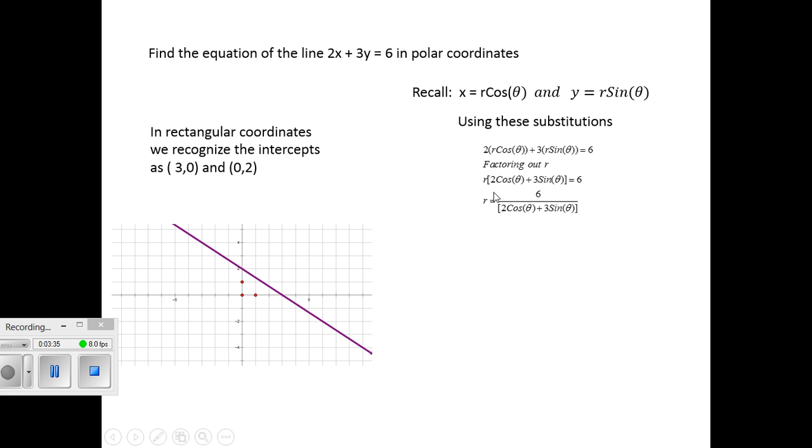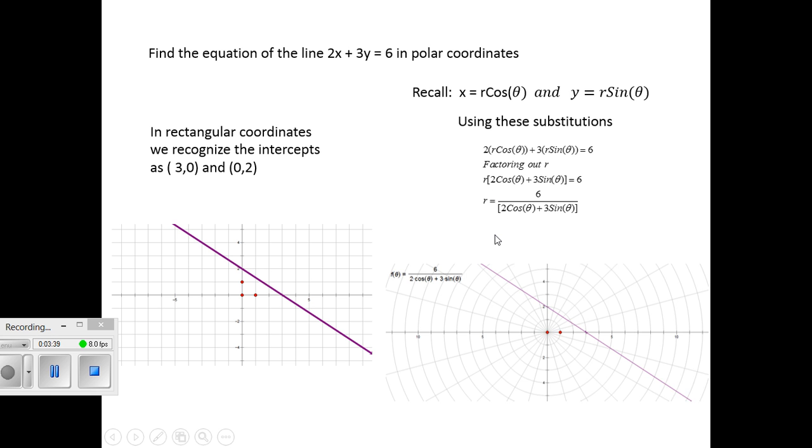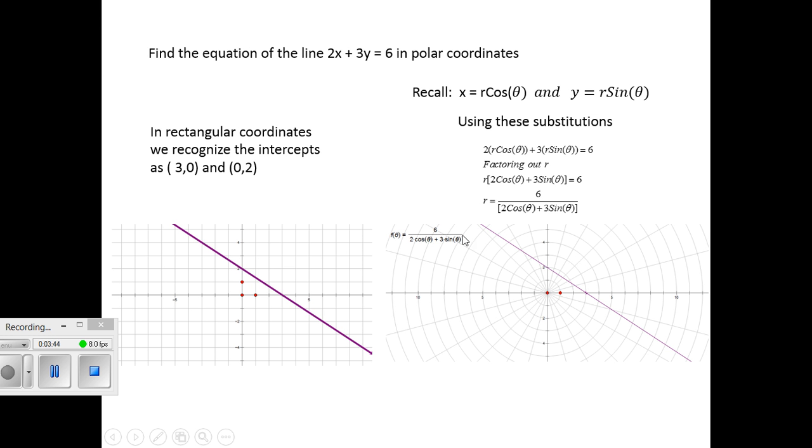We're going to factor out r, and then solve that for r. This is the equation of a line in polar, and there it is graphed for us. As you can see, they're one and the same lines.